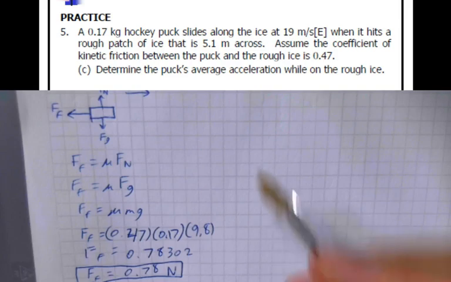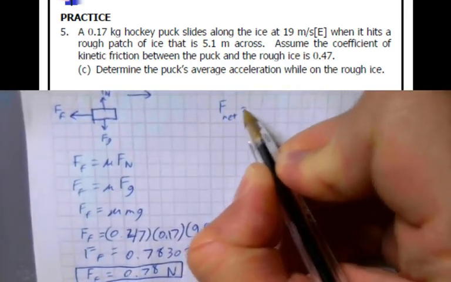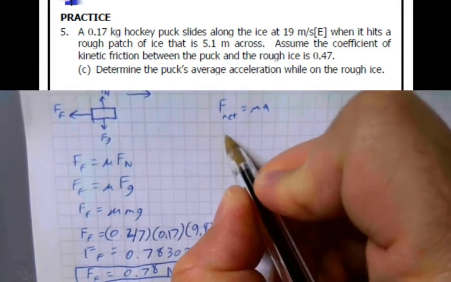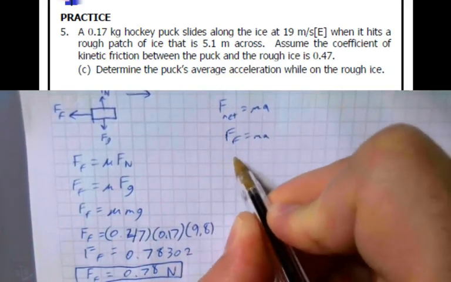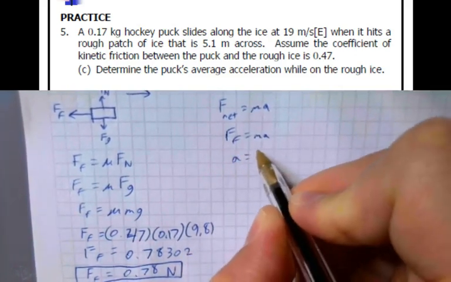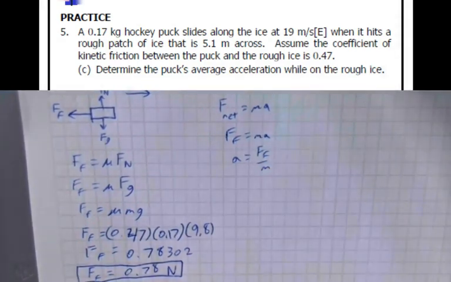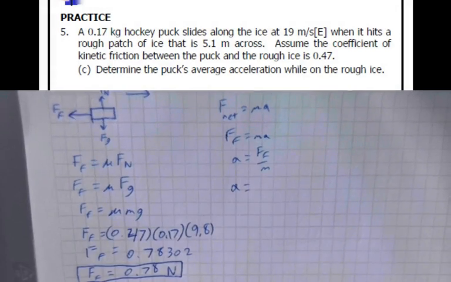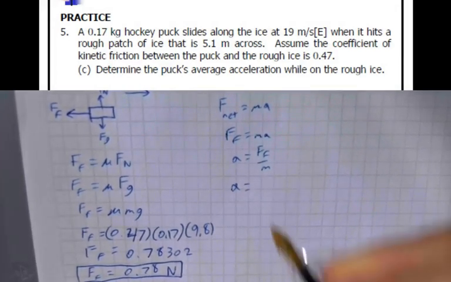So the acceleration is F net equals ma, and that is equal to FF. a equals FF over m. And I should now consider this is actually a negative force, so it's going the opposite direction.